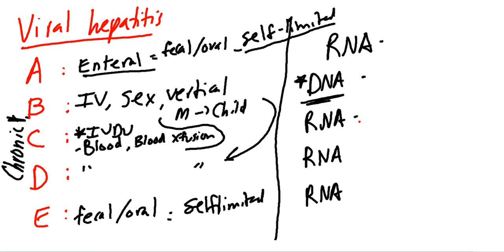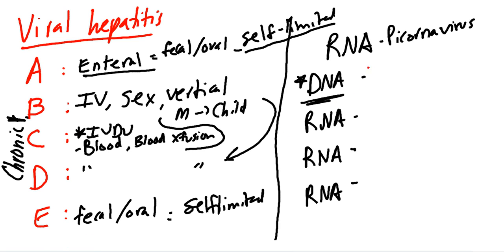So they each belong to a different kind of group of families, except for hepatitis D. It's kind of like an unclassified. But hepatitis A, this is going to be a picornavirus. So what that means is it's going to be a single-stranded RNA virus that's linear, and it's not going to have an envelope.